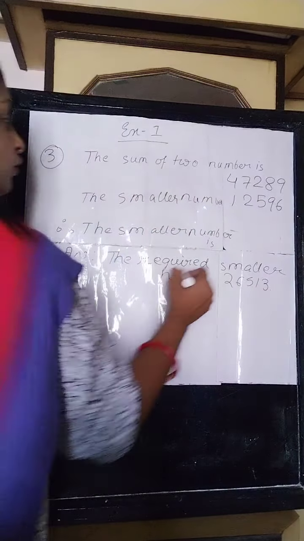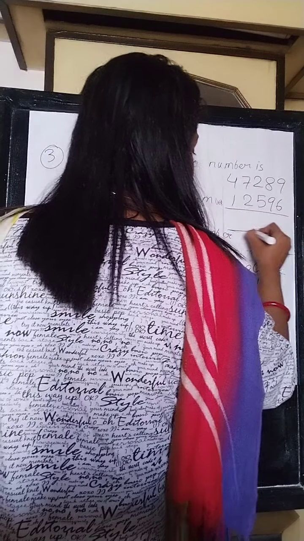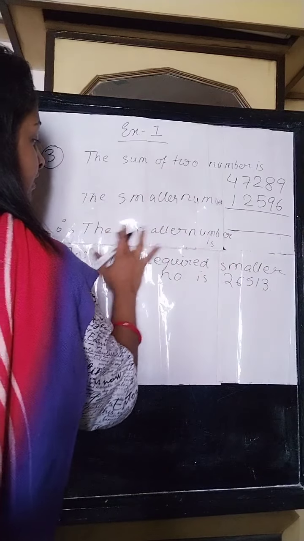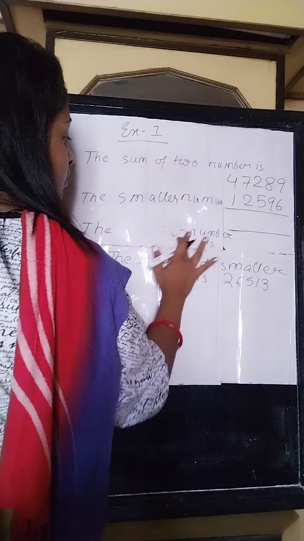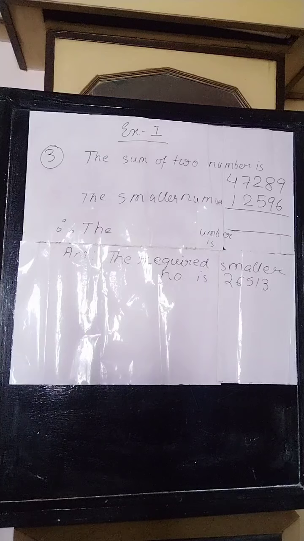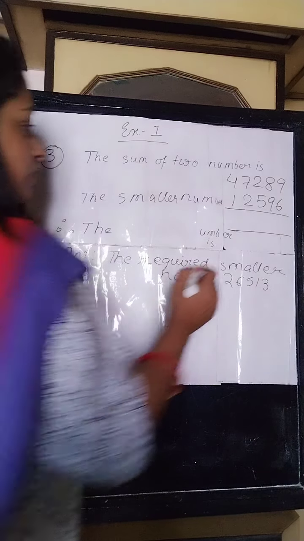In a similar way, you will find the greater number. That is, you have to subtract, and the greater number is 34693.